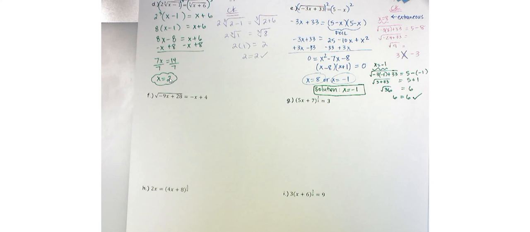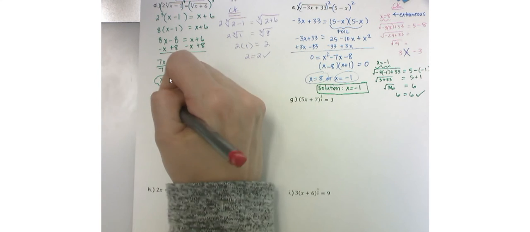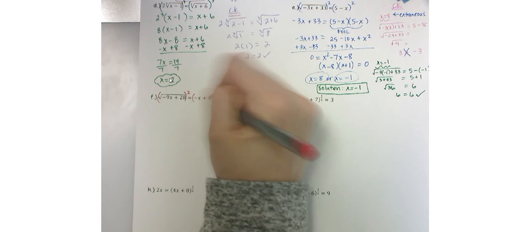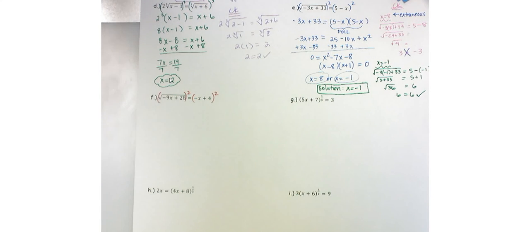All right, so then we should get negative 9x plus 28 equals, and then when you square this, remember you're gonna FOIL. So negative x times negative x is x squared. Negative 4x and negative 4x is negative 8x plus 16. So we're gonna move everything to one side.